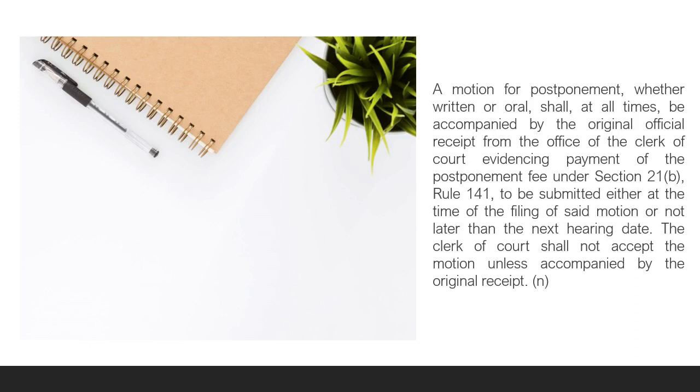A motion for postponement, whether written or oral, shall at all times be accompanied by the original receipt from the office of the clerk of court, evidencing payment of the postponement fee under Section 21, Paragraph B, Rule 141, to be submitted either at the time of the filing of said motion or not later than the next hearing date. The clerk of court shall not accept the motion unless accompanied by the original receipt.